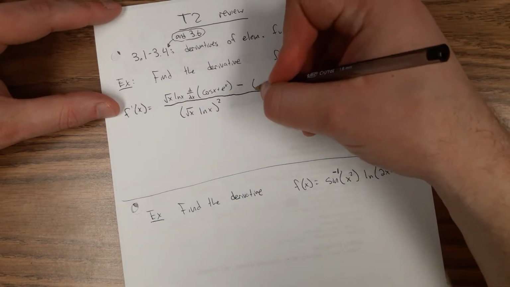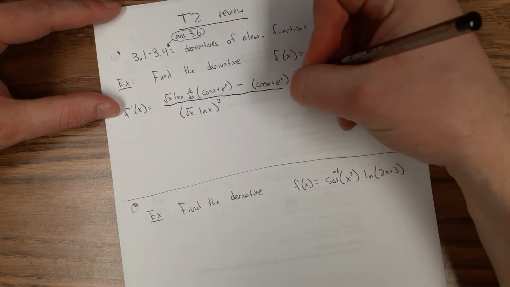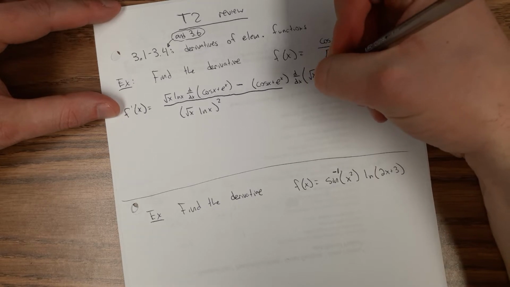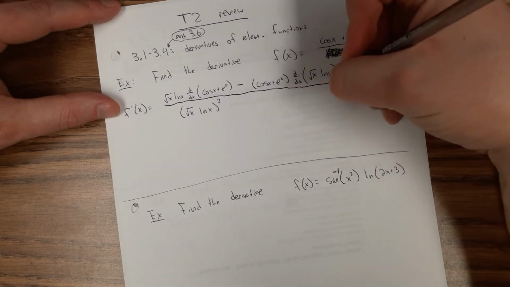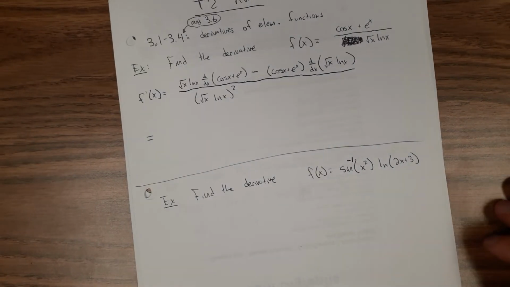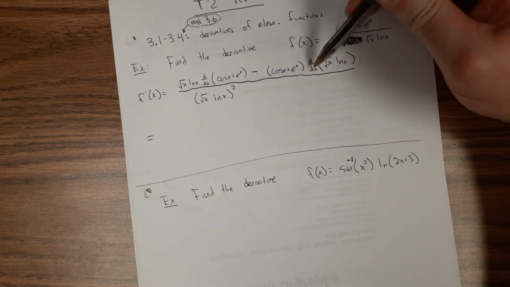It's going to be this times the derivative of this, right? Now let me actually do these derivatives. I have to fill in this one and I have to fill in this one.